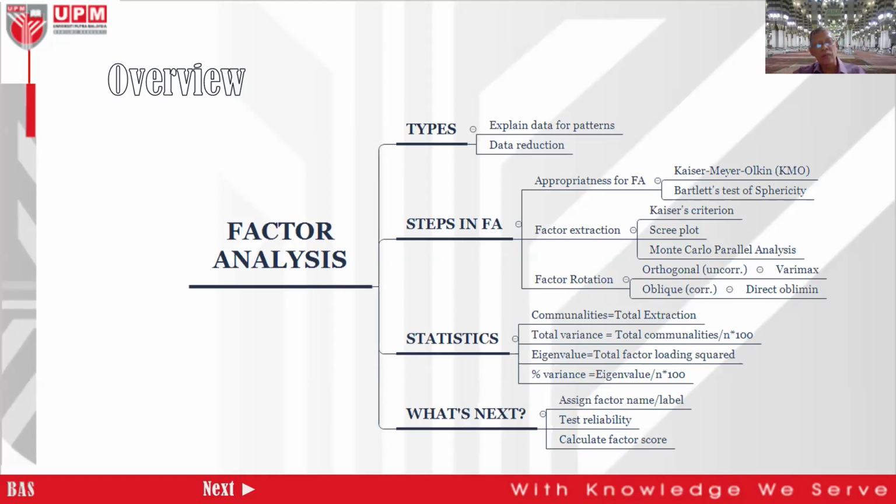And then for each of the variables or dimensions that you have, we proceed with the test of reliability. We are testing the internal consistency of the instrument. And finally, we proceed to calculate the factor score. You have two choices.